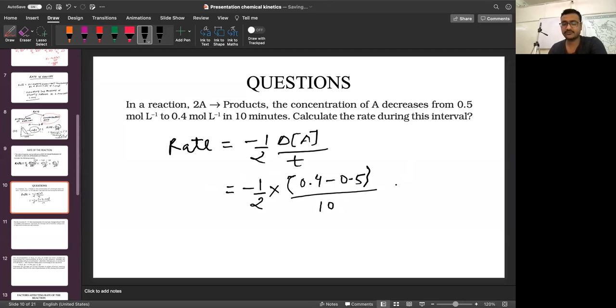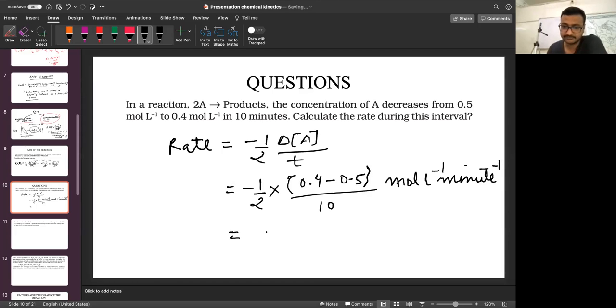Now what we have to put here in the units, it will be mole liter inverse, that is the unit of the concentration, and since we have divided it with time, it will be minute inverse. You can also use second inverse.